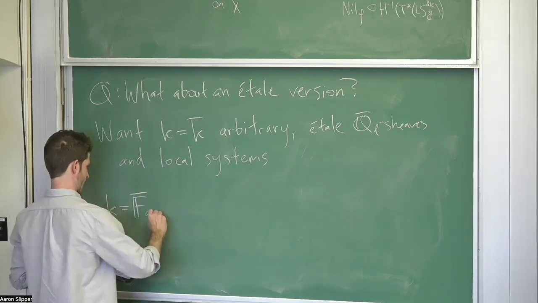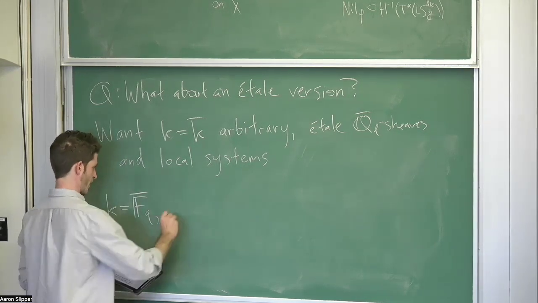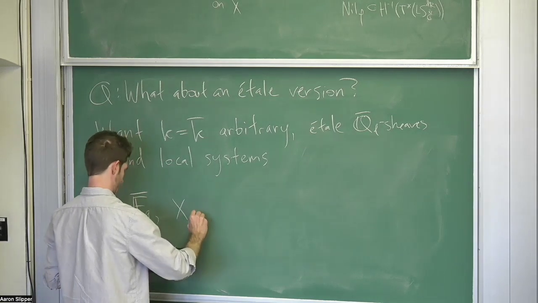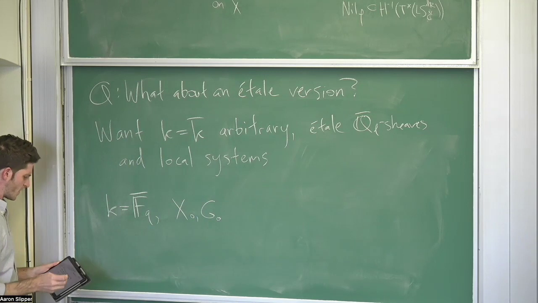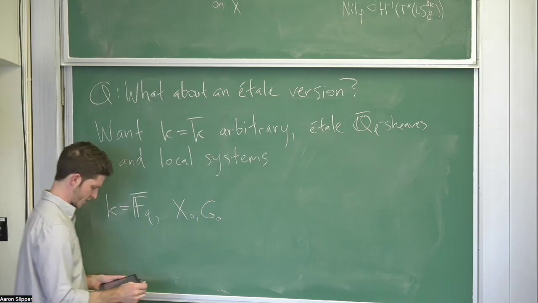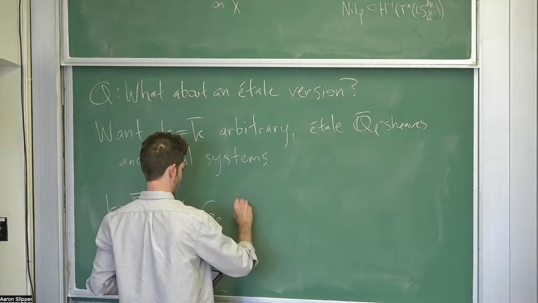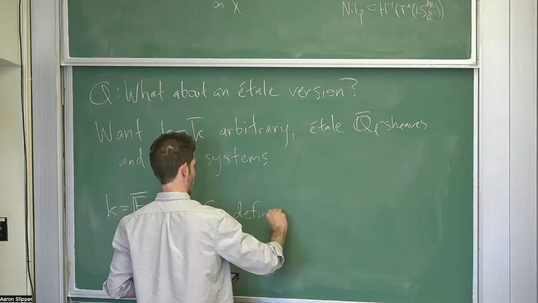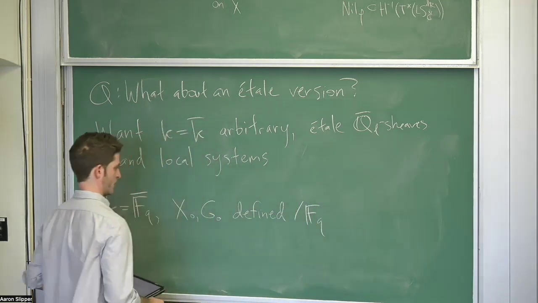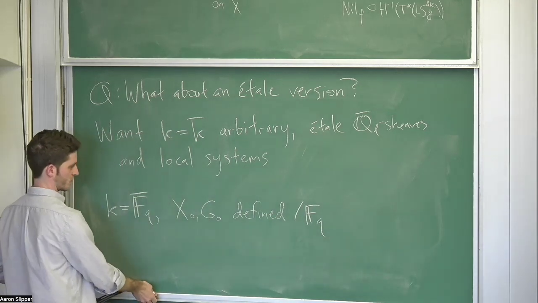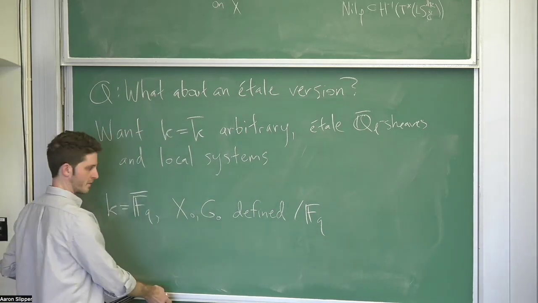So if I take in particular k to be F bar, so back to the kind of original motivation for the Étale topology, X_0 and G_0 defined over F_q. Okay, so of course I can base change these to F bar, and they'll be my X and G from before.